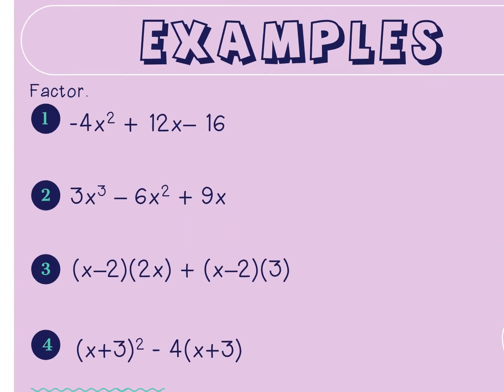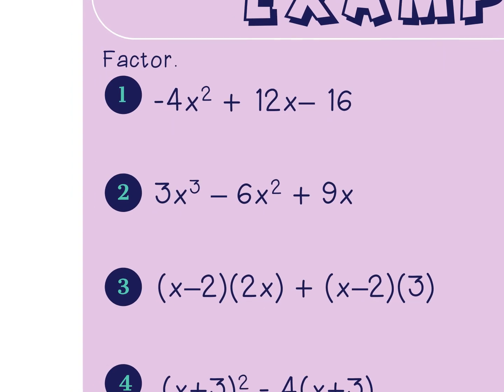So the first one, this is a trinomial. I'm going to look to see what factor they all have in common. Now, notice they all do not have the variable x, so I will not have a variable in my GCF, but I notice all three of these numbers can be divided by 4. Now, whenever we're factoring trinomials, always try to keep your squared term positive.